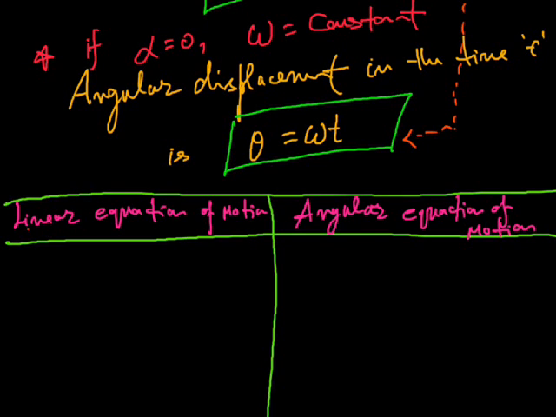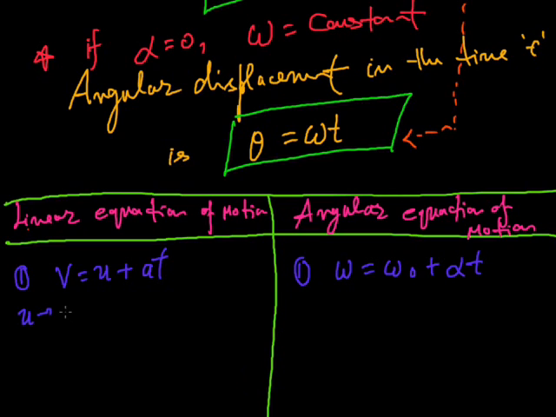First equation is v is equal to u plus at, and here first equation will be omega is equal to omega 0 plus alpha t. Here omega is final velocity and omega 0 is initial velocity.